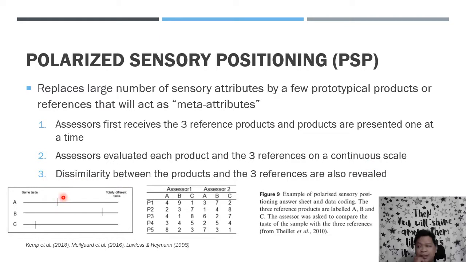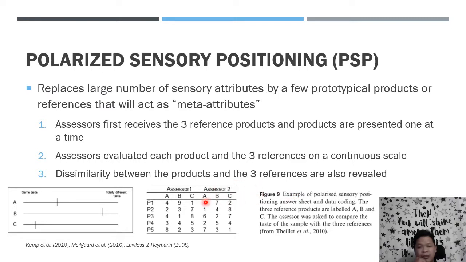So for example, in this case, you have references A, B, and C, products A, B, and C. And if you compare, let's say, one product, so how similar is it from A to B and to C? Okay, and then i-code lang dito yung scores per assessor.